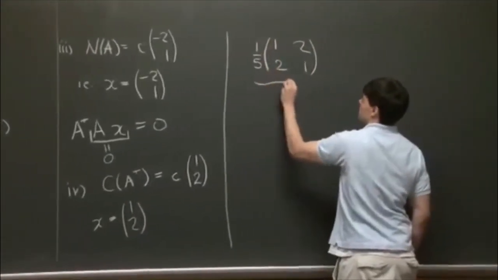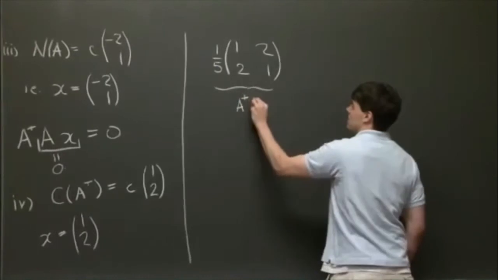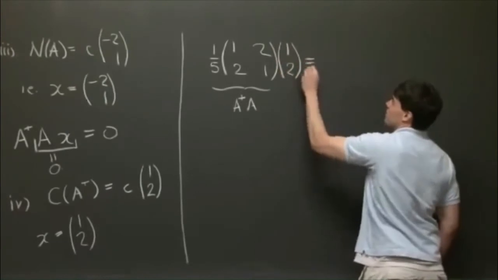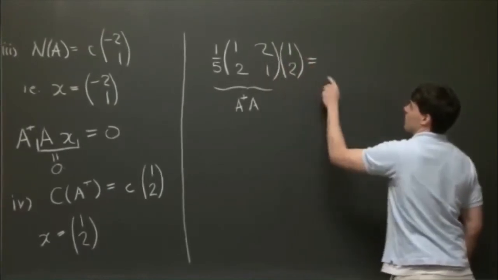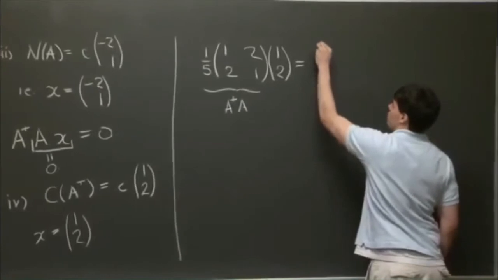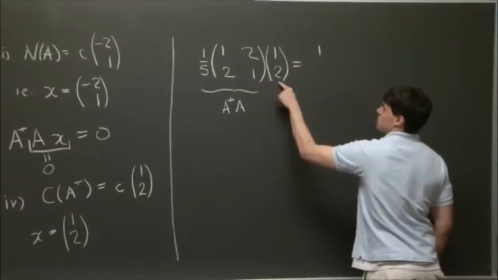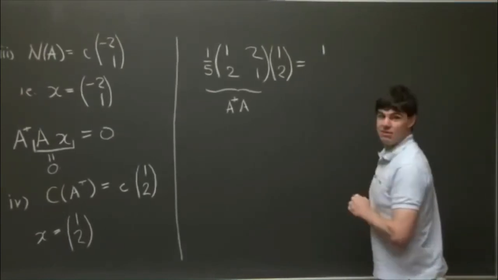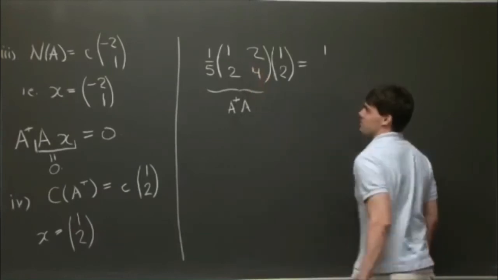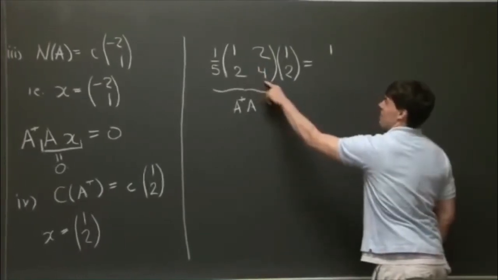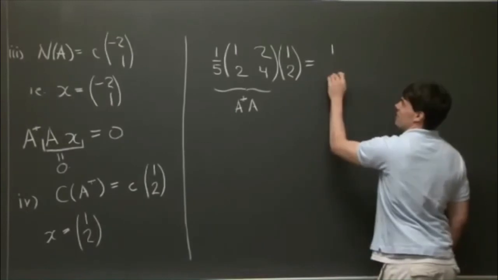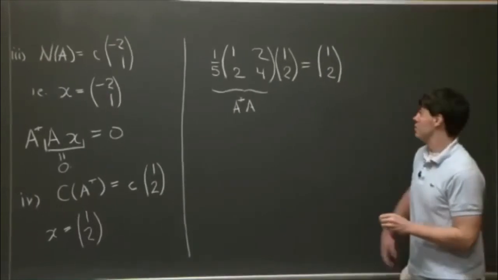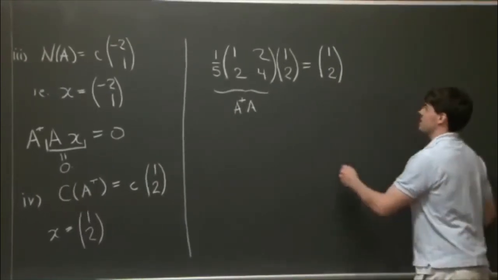Recall this is A plus A. If we multiply it on the vector 1, 2, we get 1 plus 4 is 5, divided by 5, so we get 1. Oh, sorry, I copied the matrix down wrong. So it's 2 plus 8, which is 10, divided by 5 is 2. And we see that at the end, we recover the vector x.